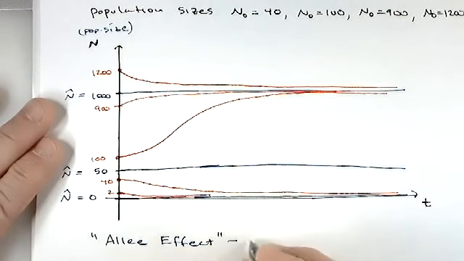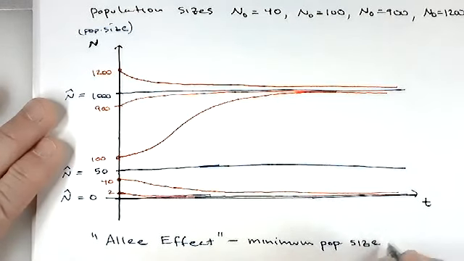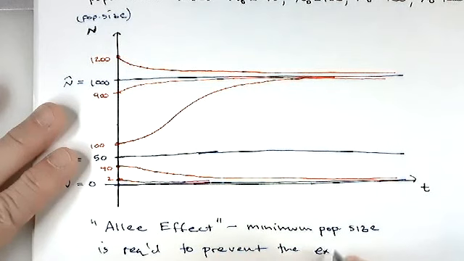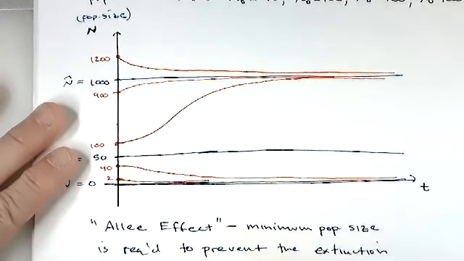It is the idea of a minimum population size required to prevent the extinction of a population.